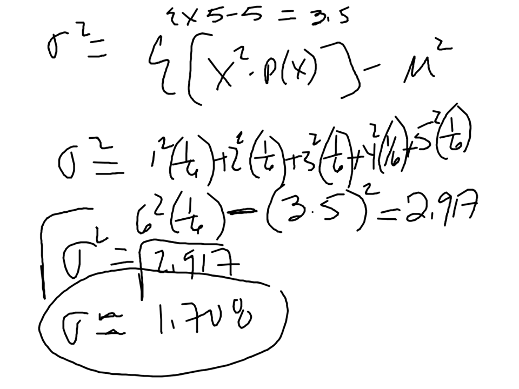Okay, so let's take a look at the next one here. It's example 5.10. It says we've got a box with 5 balls in it, and there are 2 balls that are numbered 3, and there's 1 ball that has a number 4 on it.